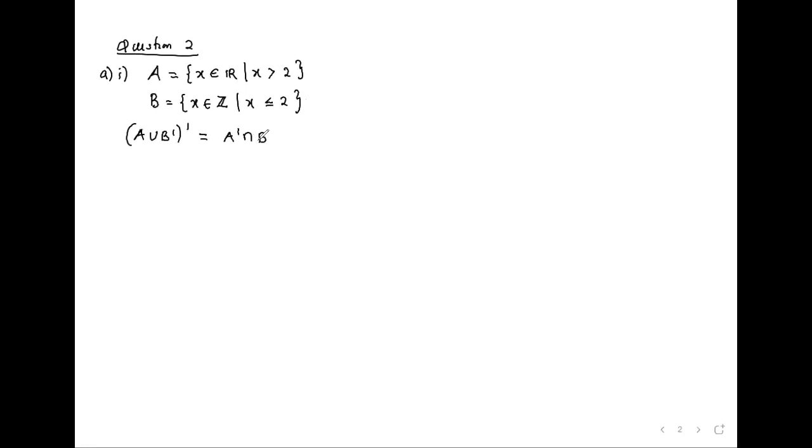Now let's go back to our actual sets. A can be written as, it's greater than 2. So you start from 2 all the way up to infinite. That's R. Then what about integers?